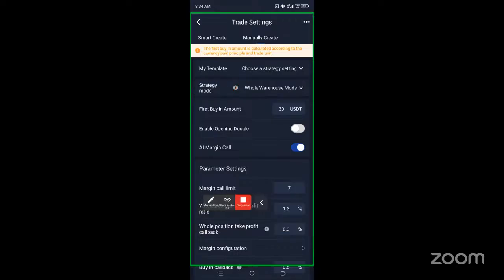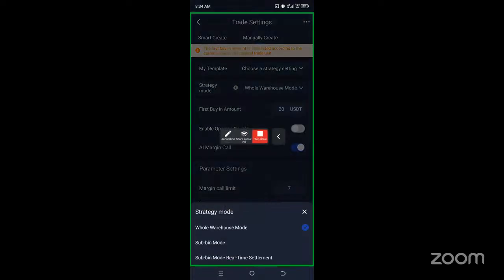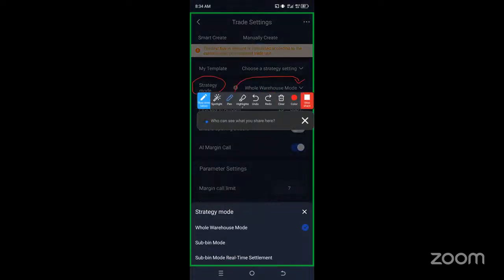You click on it and you can see those 3 strategy modes as you can see them down here. One is warehouse mode, which is now selected as we can see it on top here. And the other is sub-bin mode, and the last one is sub-bin mode real-time settlement.